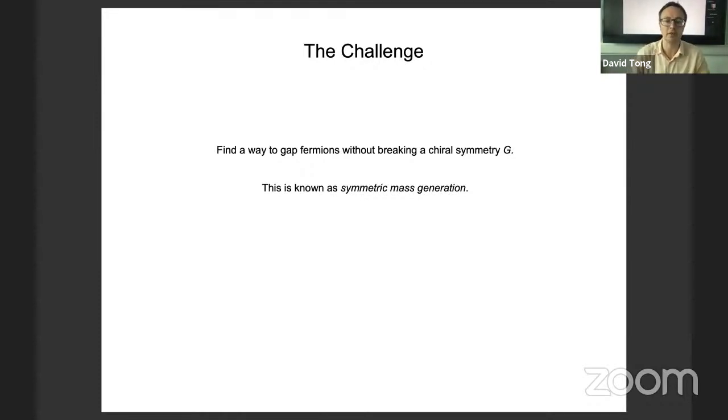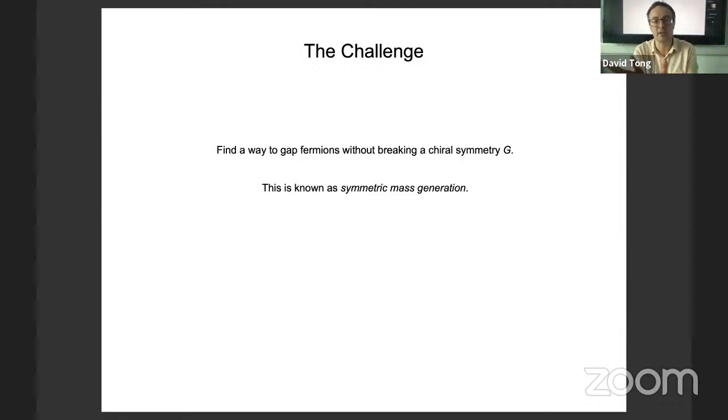As I said at the beginning of the talk, this is known as symmetric mass generation. And given the problem that's clearly there when attempting to do it on the lattice, the obvious thing to do is just try and find a continuum mechanism that does this. So just try and work within continuum field theory to find a way to give fermions a mass preserving some chiral symmetry.